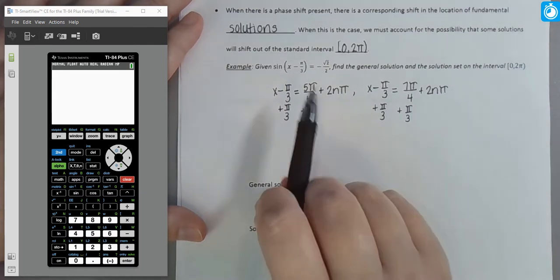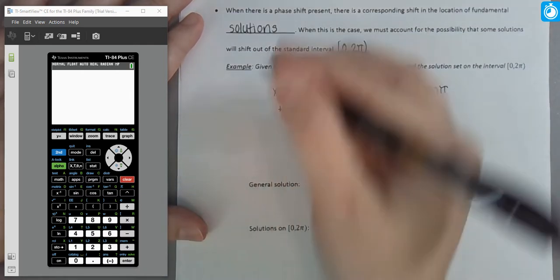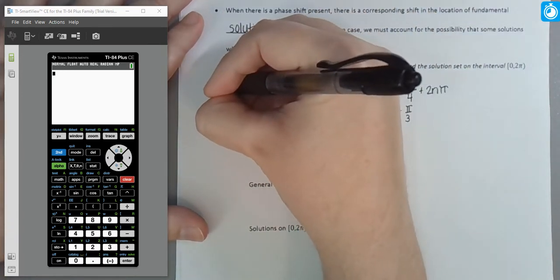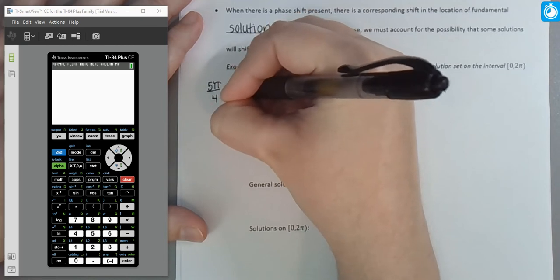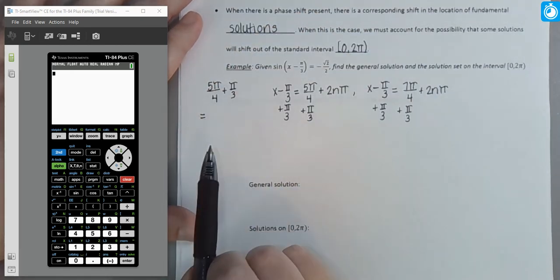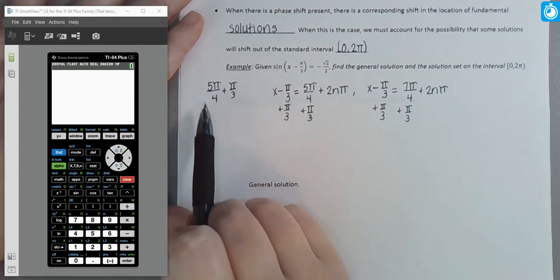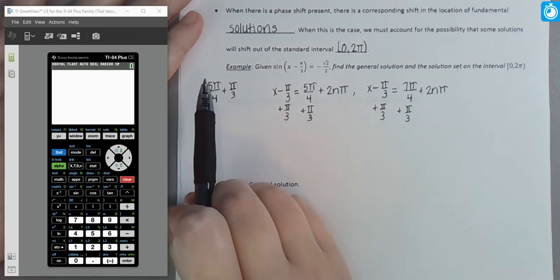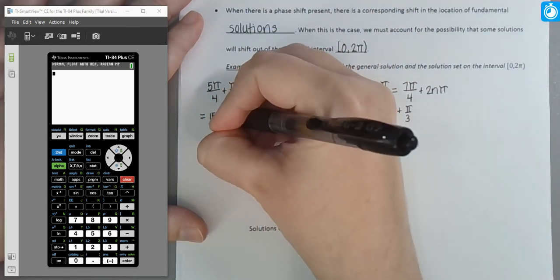Okay, now you probably need to get a common denominator here. You probably can't do that one in your head. So I would just go out to the side and work out that little problem. So 5 pi over 4 plus pi over 3. We need our common denominator. Well, if we have denominators of 4 and 3, our common denominator is going to be 12. So this fraction needs to be multiplied by 3 over 3. So that's going to be 15 pi over 12.